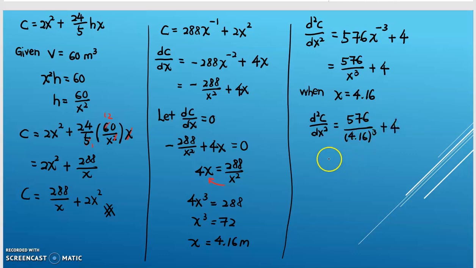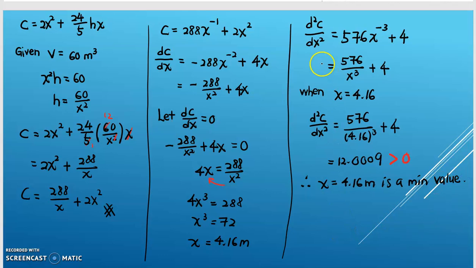This will be equal to 12.0009. From here you can notice that this is greater than 0. So if greater than 0, I can say that x equal to 4.16 meter is a minimum value.